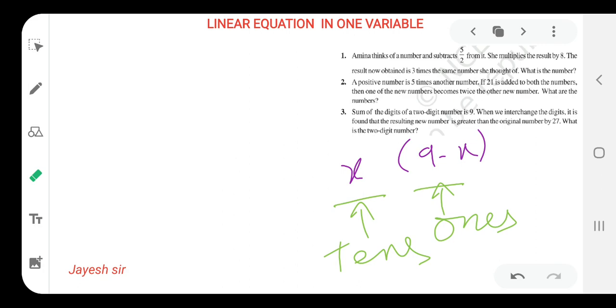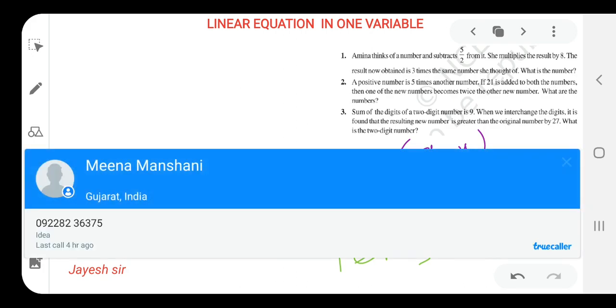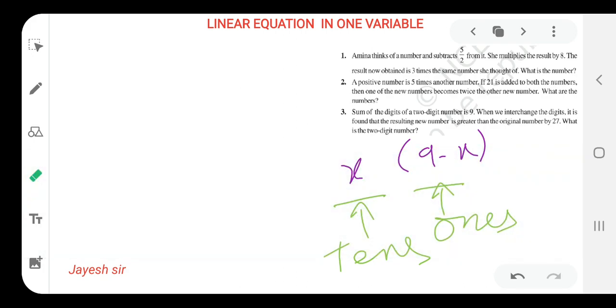If the number is at the tens place, then it should be multiplied with x. Yes, friends, as the number is at the tens place, it should be multiplied with x. So let's multiply it with x and write it over here, 10x. And if it is at the ones place, then it should be added, that means 9 minus x.